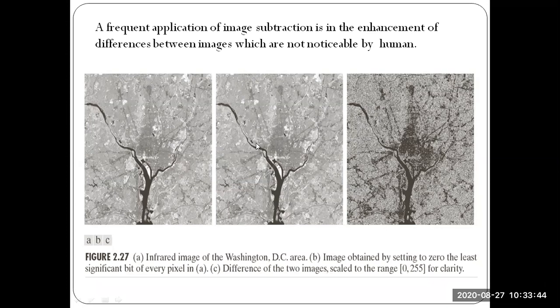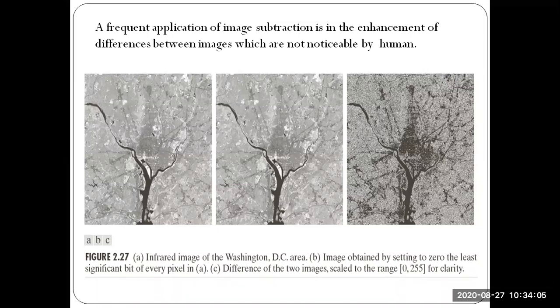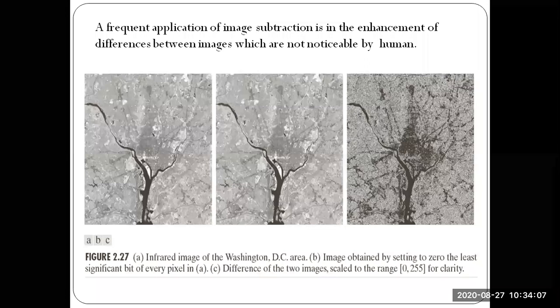The same image is modified by setting the least significant bit of each pixel value in the first image. So I have created a second image. The first image is captured by a normal camera, but the second image is modified. How? We are changing the least significant bit value to 0.